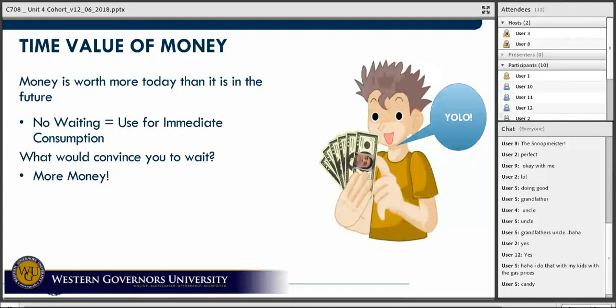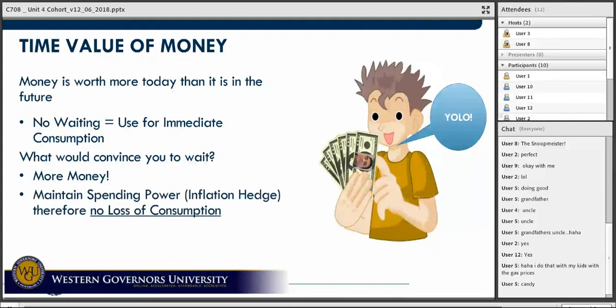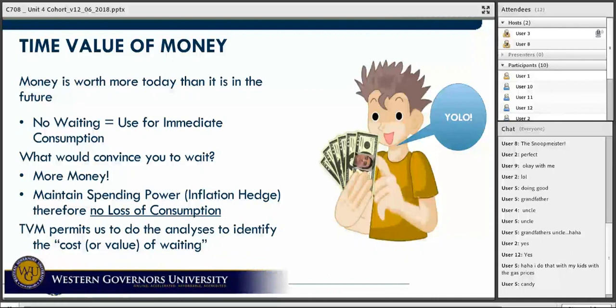I want my purchasing power to remain constant. I want to have the full benefit of my financial resources. So if I'm going to wait, I want more money so that I know I can still get the same goods and services as I could have by not waiting. So we want to maintain spending power, no loss of consumption. That's our hedge against inflation.